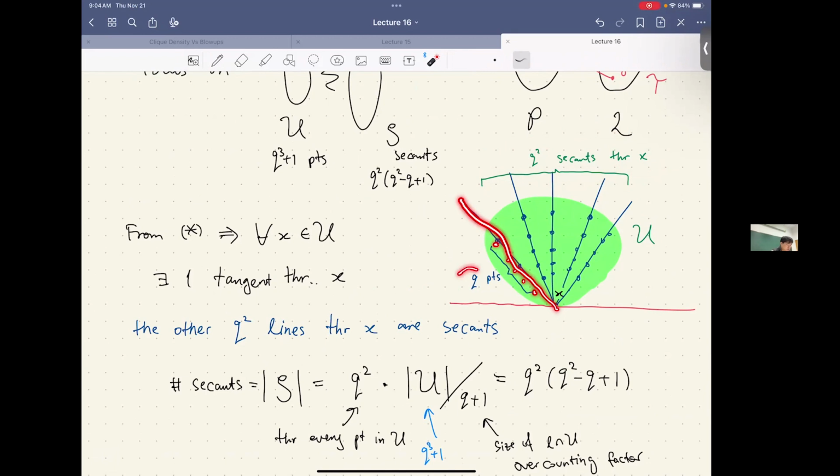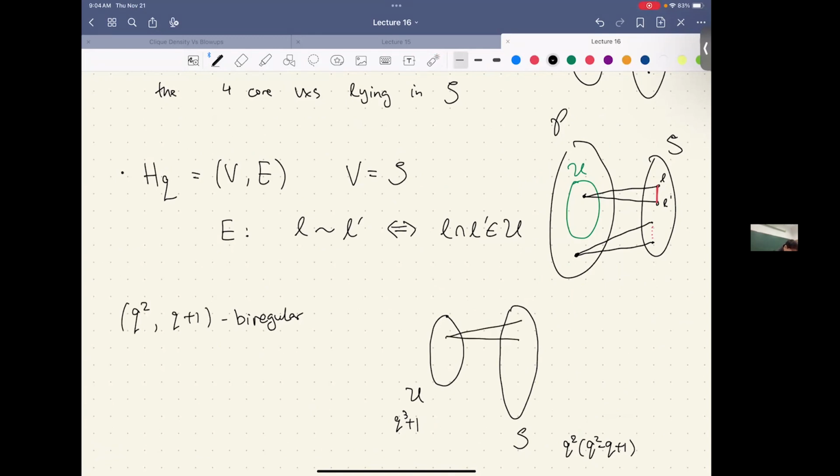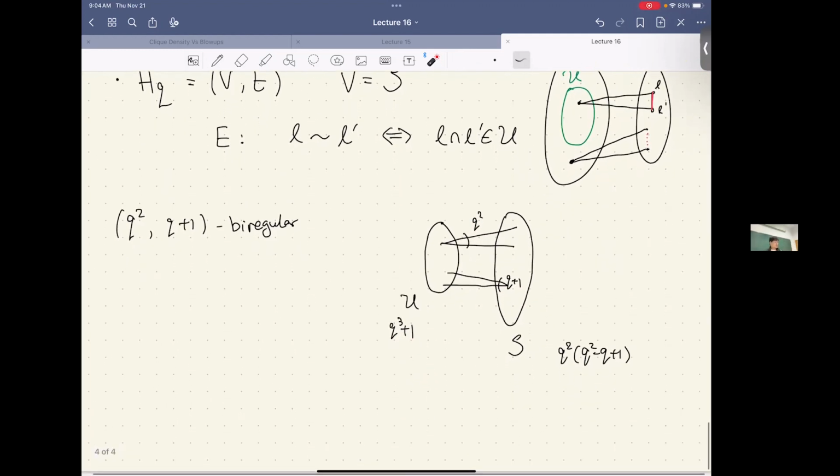That's q plus 1. So this is a (q squared, q plus 1) biregular graph. And it's easy to check that it adds up if you count the edges.